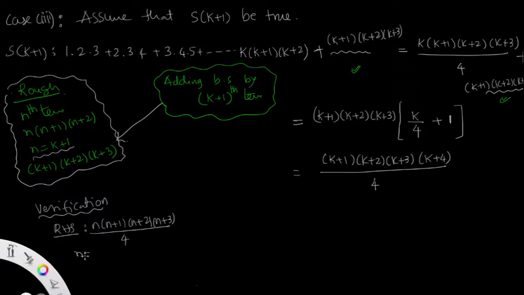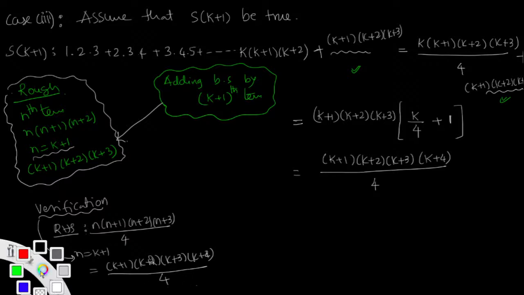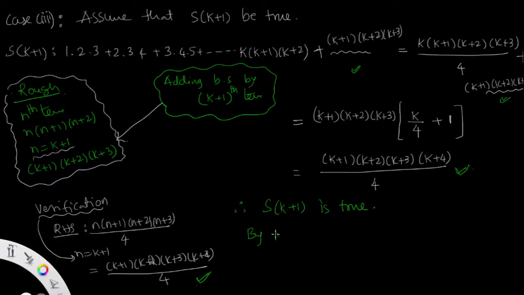Now substitute n equal to k plus 1: k plus 1, k plus 1 plus 1, which is k plus 2, k plus 1 plus 2, which is k plus 3, k plus 1 plus 3, which is k plus 4, divided by 4. In the same way, we are getting the same value. Therefore, the given statement S of k plus 1 is true by mathematical induction.